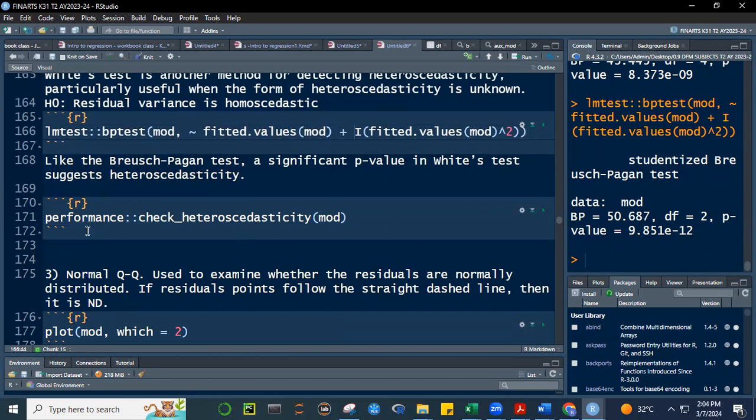So you have to install that package, performance, or you can just directly use it. Check, class, if this runs for you. Performance, and then check heteroscedasticity of our model. So in the interest of time, I'll chat this.